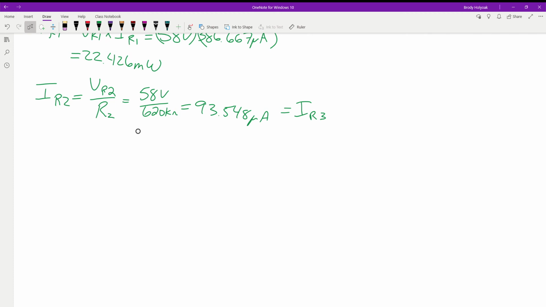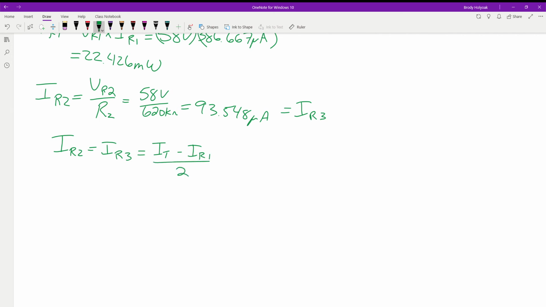The other way we could have solved this is, because they are both the same value, whatever's left is going to split evenly between them. So we could have gone IR2 is equal to IR3, which is equal to the total current minus the current going through R1, divided by 2.